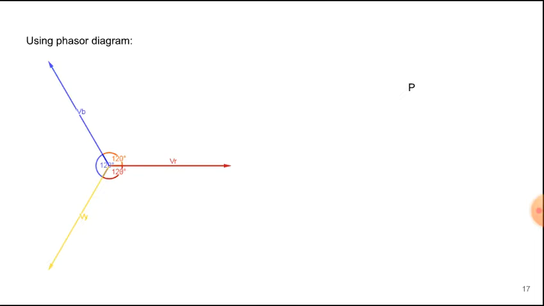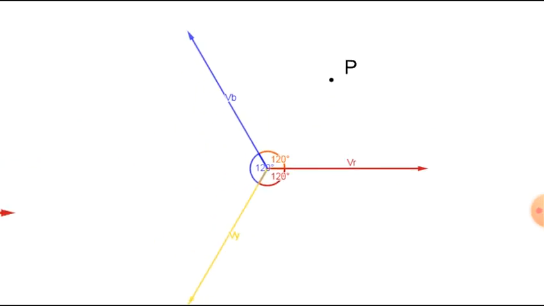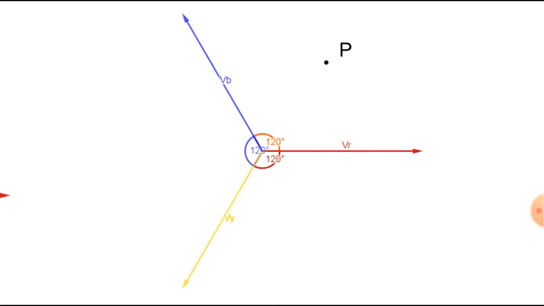If we plot the phasor diagram, for example this one, and I want to determine the phase sequence, what I do is get a point somewhere around here. Then I rotate my phasor diagram in the counterclockwise direction.